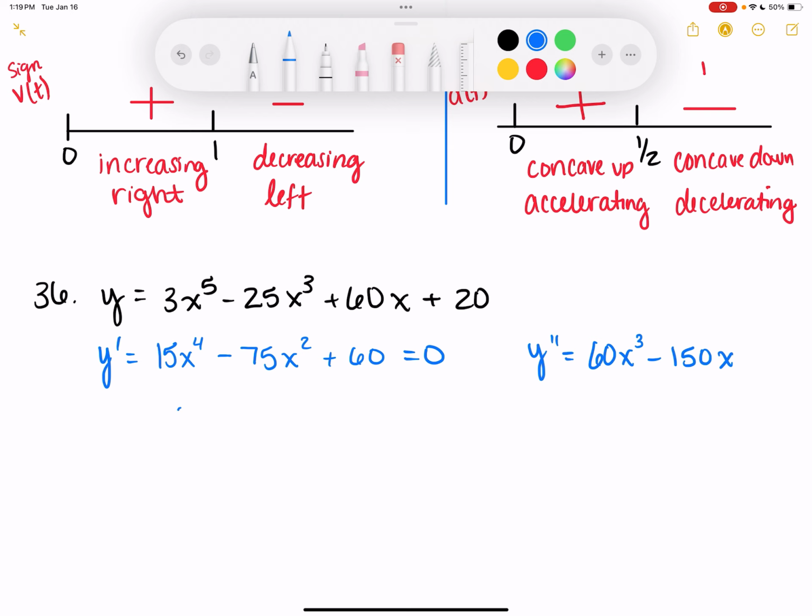Then you have x to the 4th minus 5x squared plus 4. Because that 15 was going to go away when I divided 0 by it, I just didn't write it. Now what?